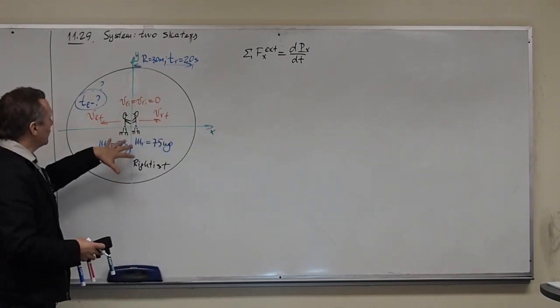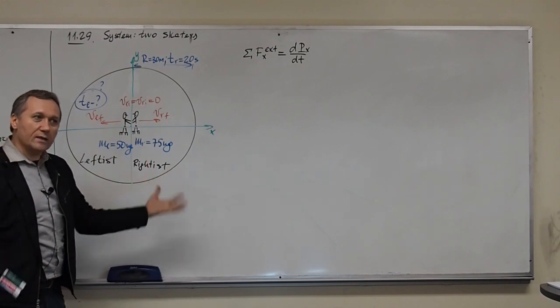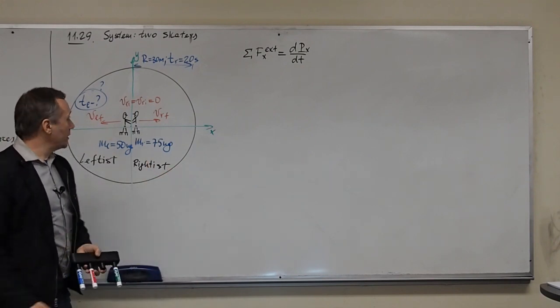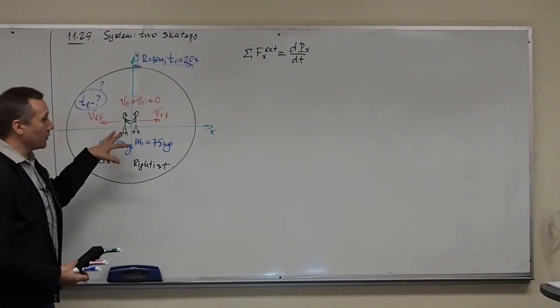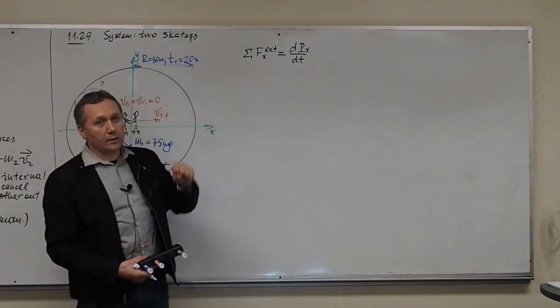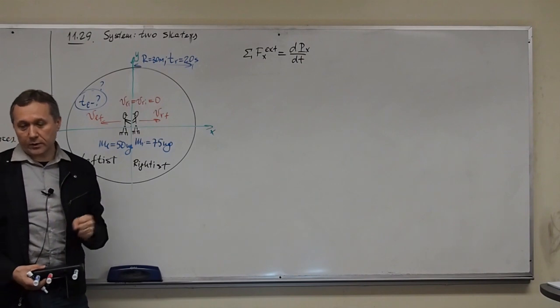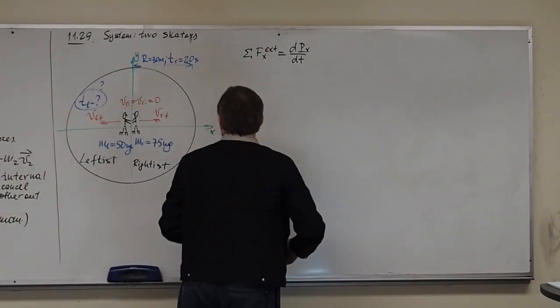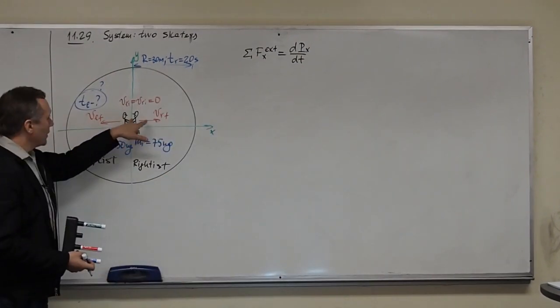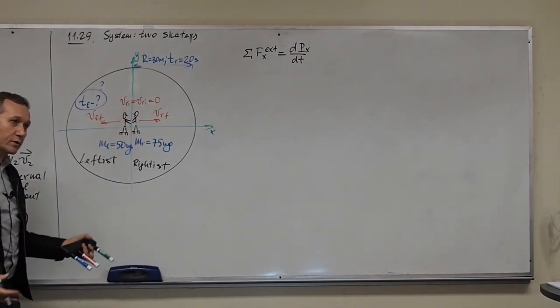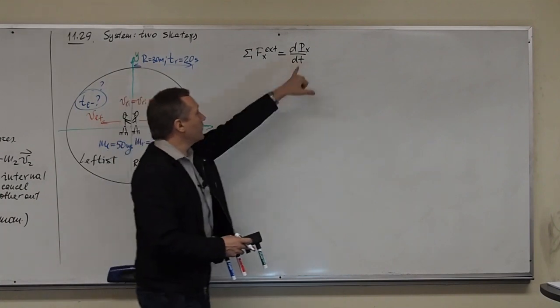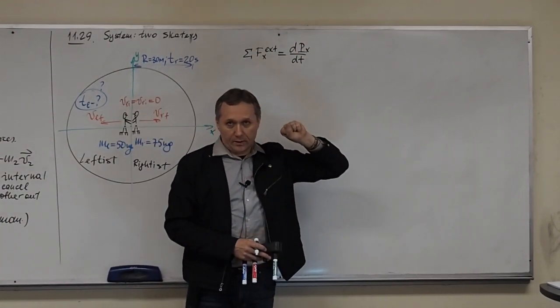Then friction, we assume that ice is good, skates are good. So no friction, and as a result, no external forces acting on the system, and the total linear momentum in the x direction must be constant. Again, internal forces, the forces that they exert on each other, are not capable of changing the total linear momentum.